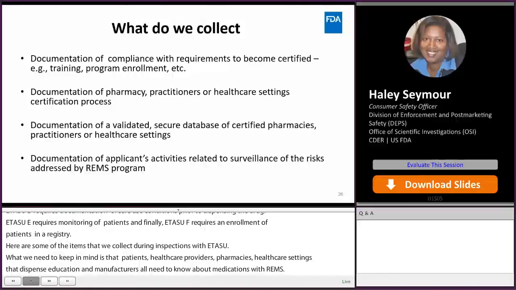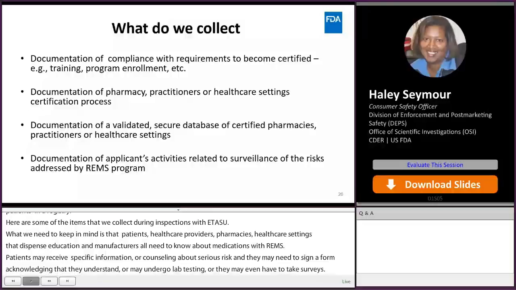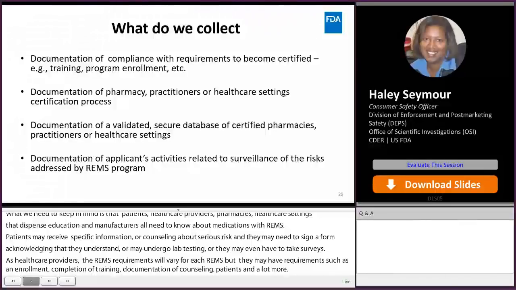As healthcare providers, the REMS requirements will vary for each REMS, but they may have requirements such as an enrollment, completion of training, documentation of counseling patients, and a lot more. Pharmacies and healthcare settings that dispense the medication may have requirements for certification to dispense and verification of safe use. The specific requirements for each participant are described in the REMS.